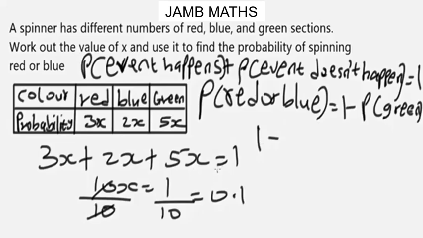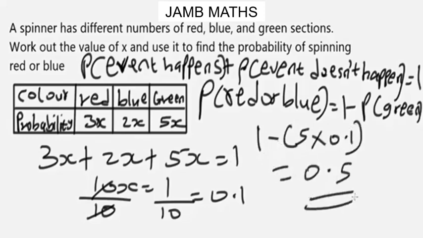Since we have the value of x to be 0.1, it will be 5 times 0.1. When you punch this in the calculator, you have 0.5. So it's as simple as that for this question.